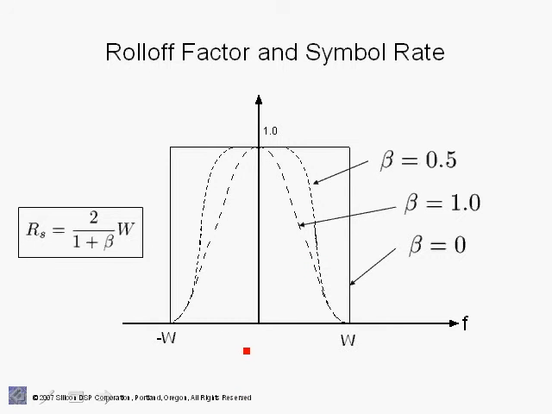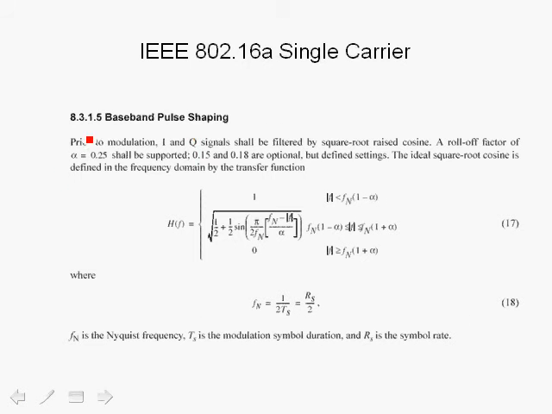In fact, let's take a look at the parameters used in 802.16a. Over here we're showing the baseband pulse shaping from 802.16a for a single carrier metropolitan wide area network. In this case we're using a single carrier communication system that can use, for example, a modulation of QPSK or 64 QAM.